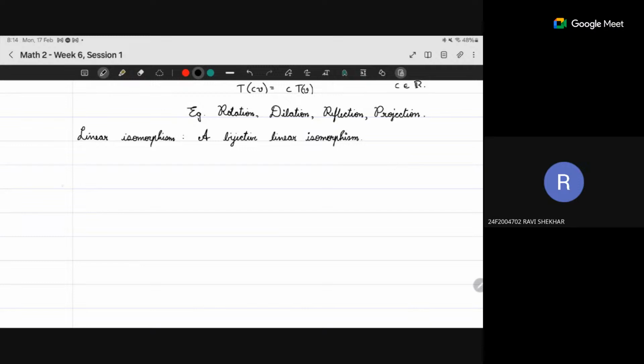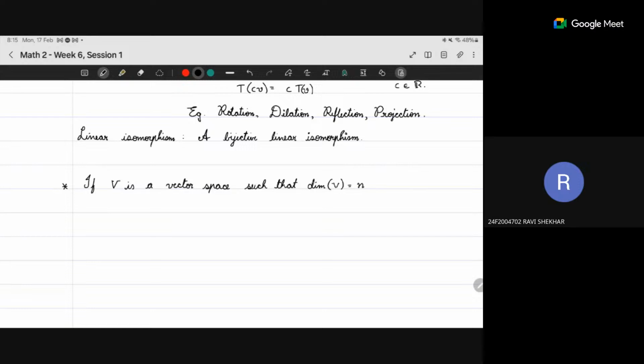The result says that if V is a vector space such that the dimension of V is equal to n. So we are dealing with finite dimensional vector spaces. There is an n, which is the dimension of the vector space V. So what does it mean that V is a vector space of dimension equal to n?